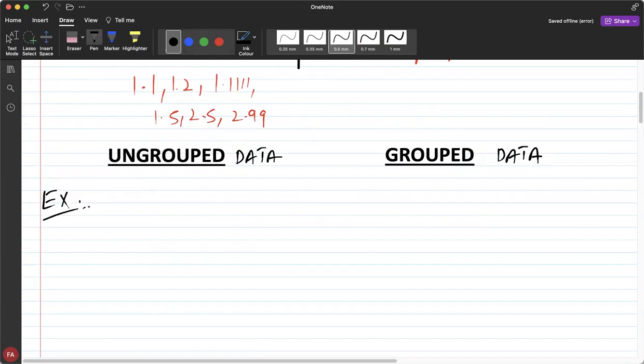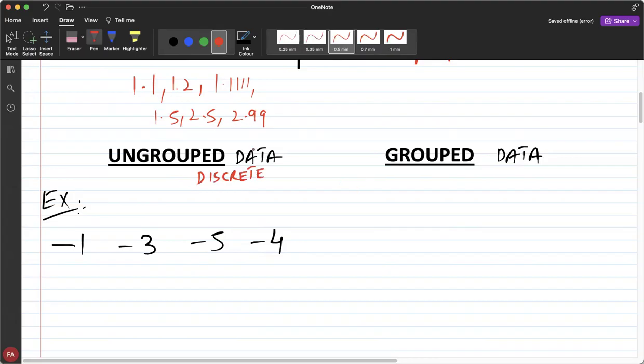Let's say we have a certain set of numbers that are given to you in this order: -1, -3, -5, -4. You can see that these numbers are not categorized in a table. This is why we call them ungrouped data. And if I'm being more specific, I can say this is going to be ungrouped discrete data, because these values over here are discrete.